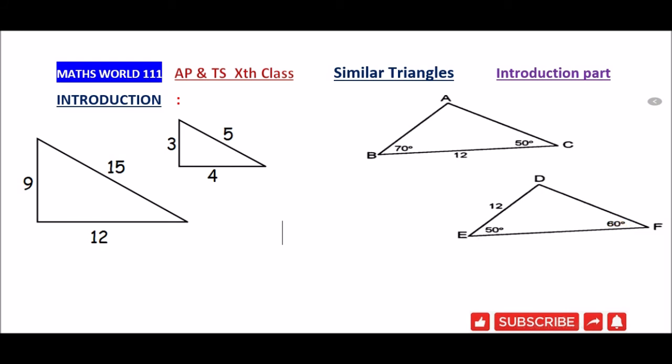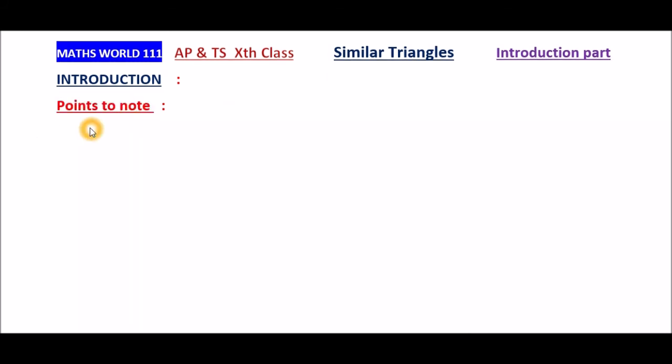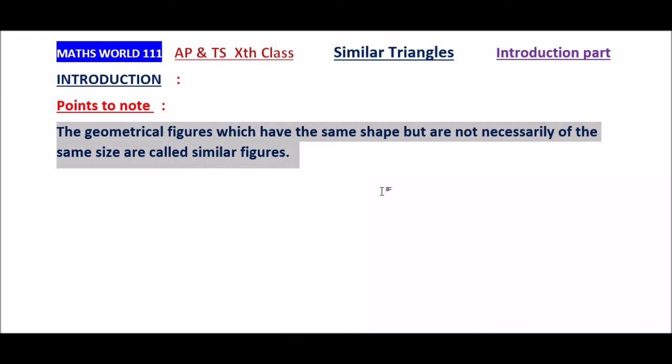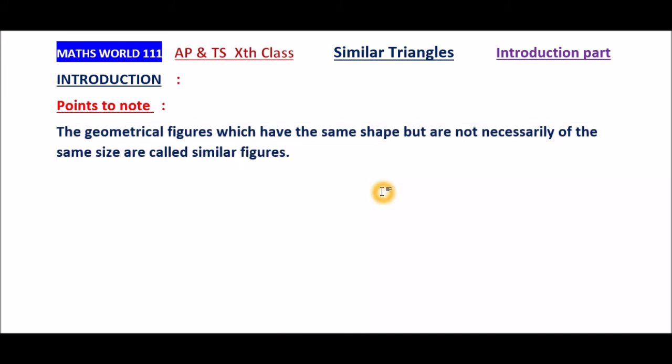Okay. Now finally the important points to note from the introduction part. The first one, the geometrical figures which have the same shape but are not necessarily of the same size. The size may be different, but the shape should be same.